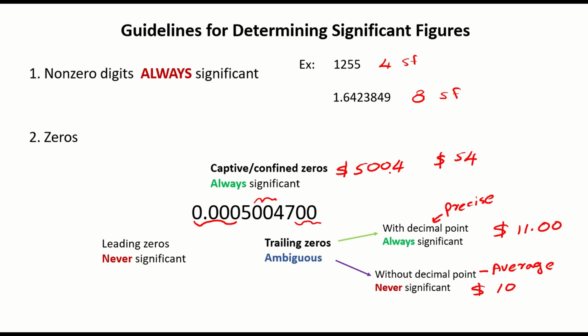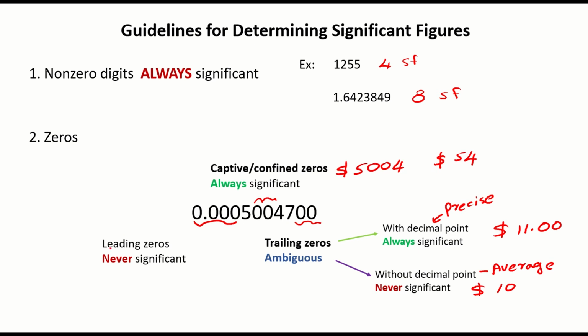If you remove the captive zeros, that will make a huge change in the magnitude or the size. You can see that $54 is way smaller than $5004. So the captive zeros always have a meaning. Because they have a meaning, they are always significant.